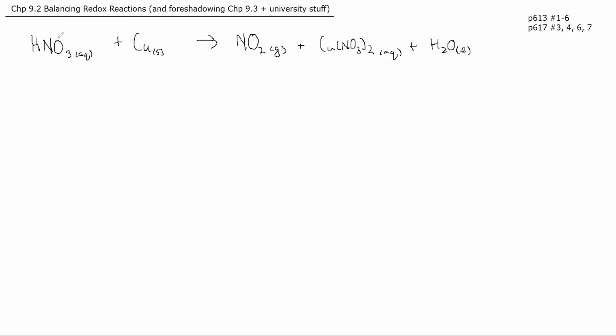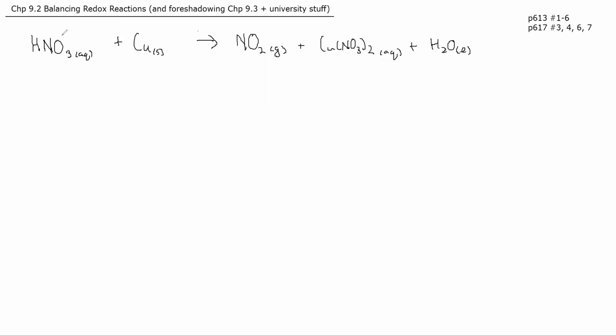So we start by talking about redox reactions, and we try to narrow down where the electrons come from and where they go. That will give us a better idea of how many molecules of HNO3 and how many molecules of Cu are needed. Here we go.